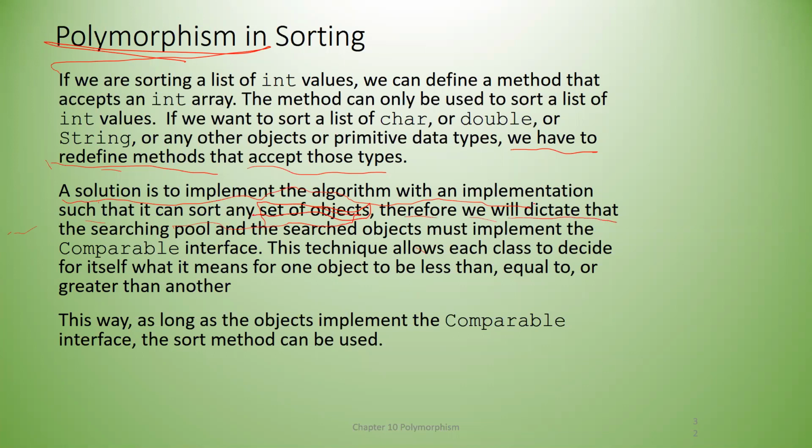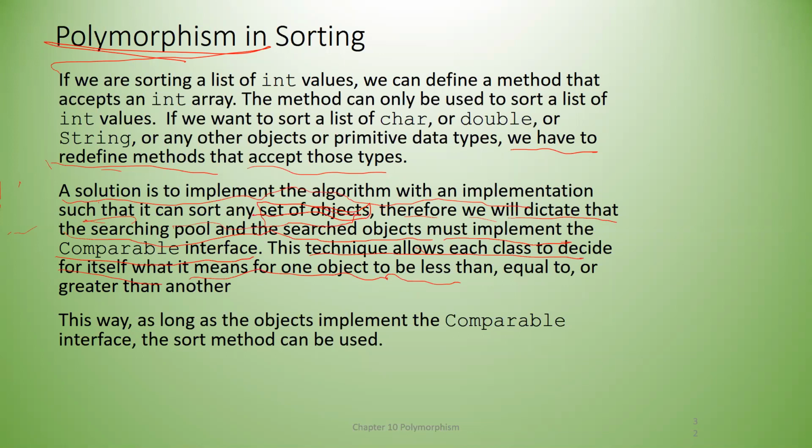Therefore, we will dictate that the searching, we are not searching, right? But that's okay, it's the same. The searching or sorting pool must implement the comparable interface. This technique allows each class to decide for itself what it means for one object to be less than, equal to, or greater than another.